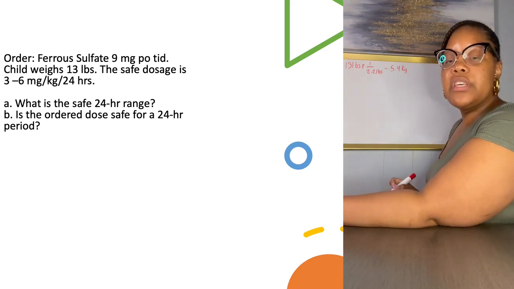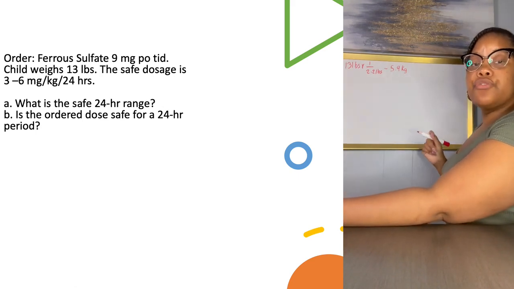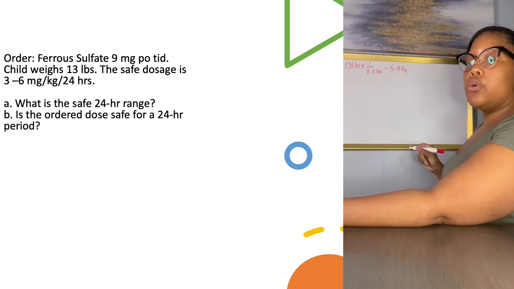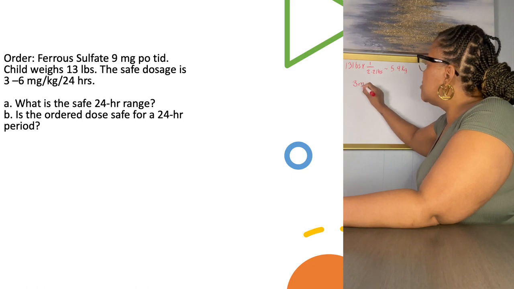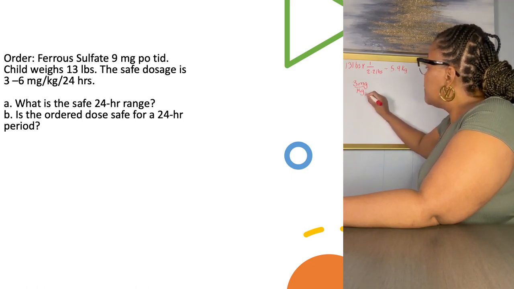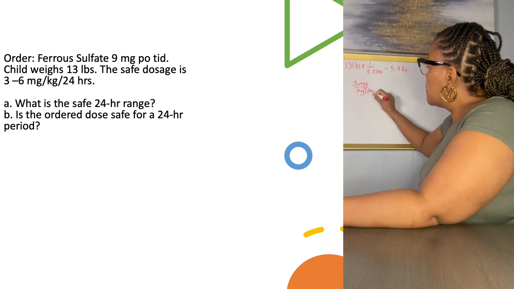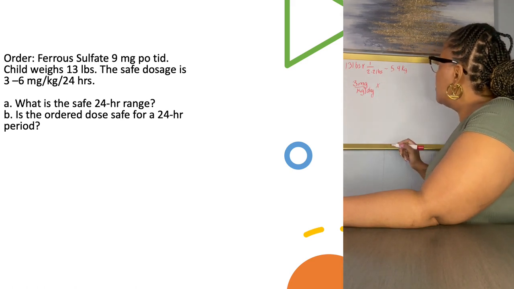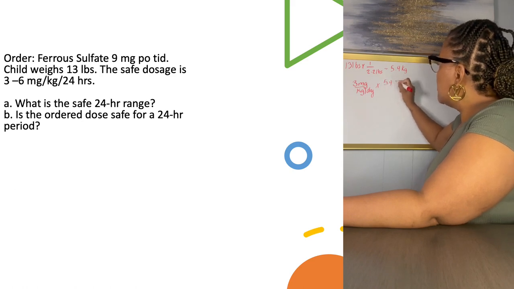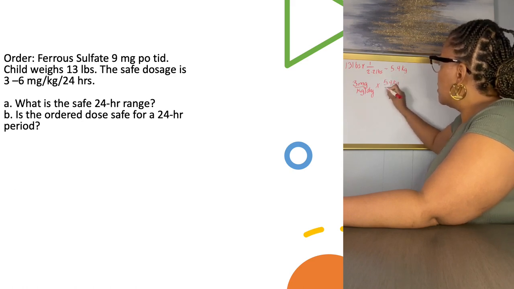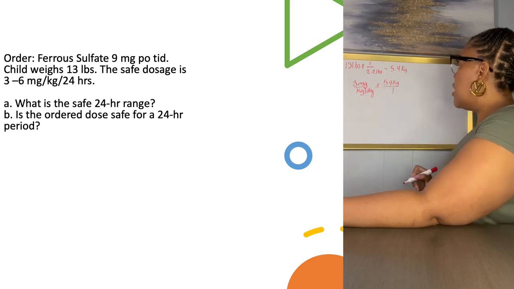So now we're able to take the dosage range. So let's start with the low dose. So the low dose is 3. So you put 3 mg over kg a day, right? Okay? And then we will use our weight. So our weight would just go over 1. All right?